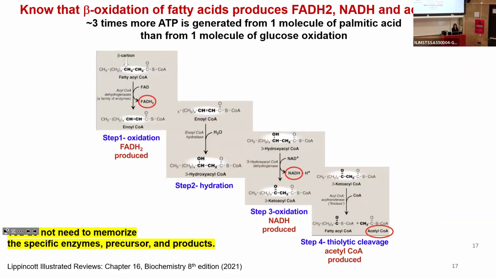The purpose is really that you need to know these 2 things, is that beta oxidation of fatty acids produces 3 important molecules, FADH2, NADH, and acetyl-CoA. And probably you should know that, right? Because those 3 molecules are important for what? What's acetyl-CoA?